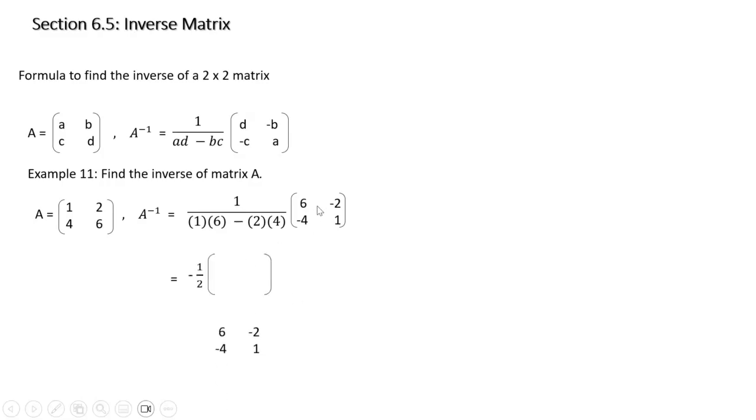So it'll be -1/2 times every entry on the matrix to the right. So it's going to give us -1/2 times 6, -1/2 times -2, -1/2 times -4, and -1/2 times 1, which will give us -3, 1, 2, and -1/2. So this is my inverse.